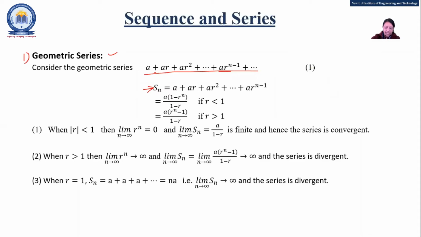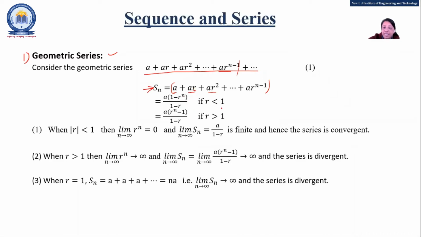So Sn equals a plus ar, up to this term, which can be written as a into 1 minus r raised to n upon 1 minus r. And that will depend upon the value of r.